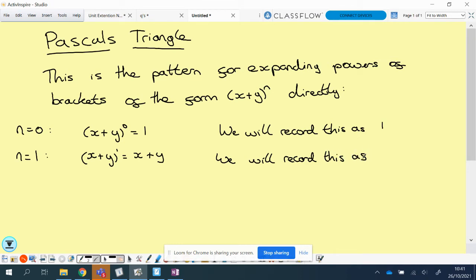And what I'm doing here is looking at the coefficients attached to the algebraic terms. So I've got 1x and 1y, so I've got 1 and 1.